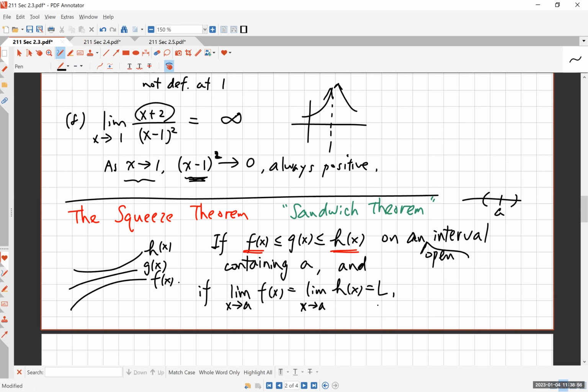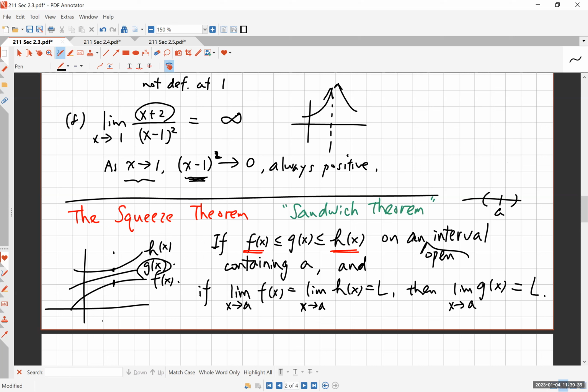If this is L and this is L, then guess what? The limit of g(x), which is the function in the middle, at a is also going to be L, because that's squeezed in between this and that. So the picture is not exactly correct. This is just showing that f is less than g, which is less than h. But if these two functions both approach L, the same value, then g, which is sandwiched between these, will also approach L. It makes sense, right?